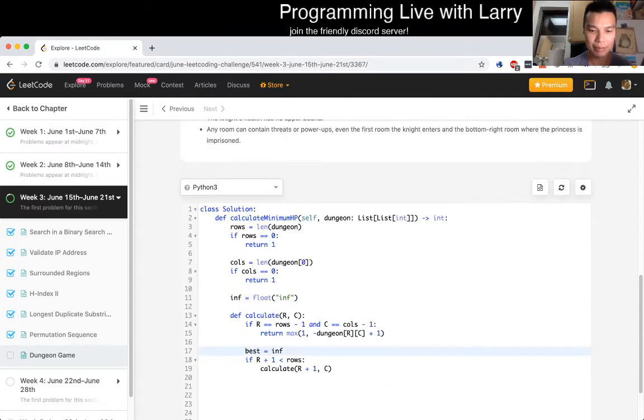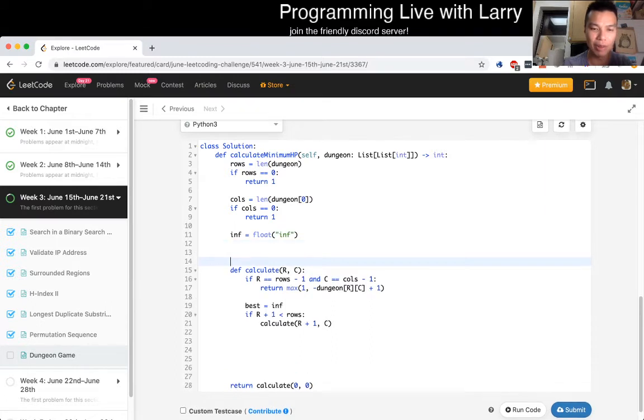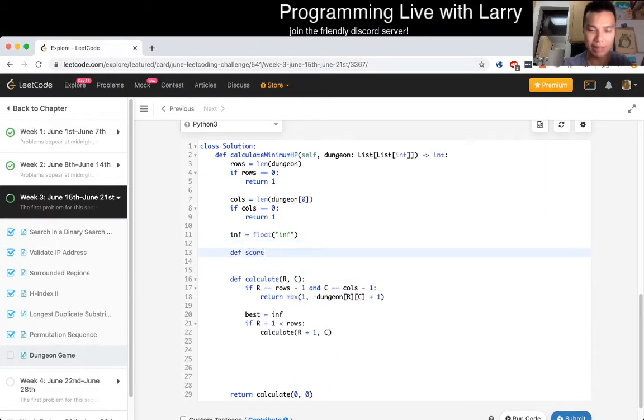So okay, I'm going to just now have a helper function that gives me the score of a given cell, so that I don't have to keep on. Basically, it's the same logic here, but it allows me to focus on the code a little bit.